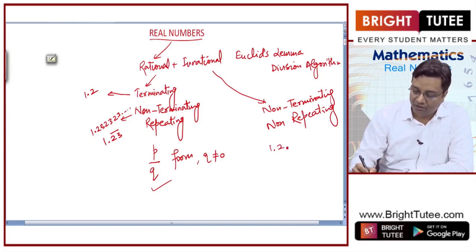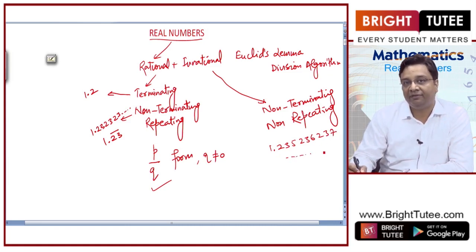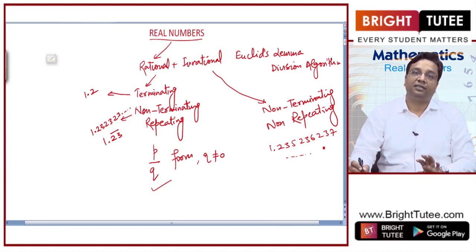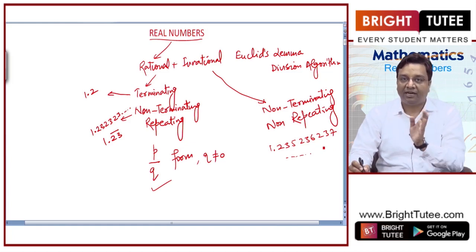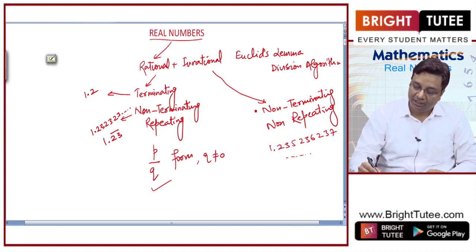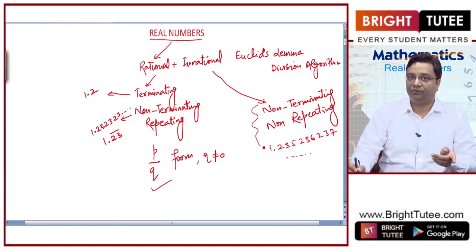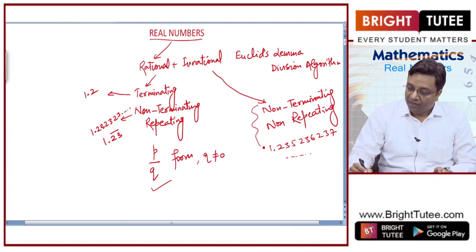So let me write such a number, 1.235, let us say 236, 237 and so on. It doesn't terminate anywhere and it doesn't repeat itself. The digits after the decimal sign will not repeat. So such numbers are irrational numbers. They cannot be written in p by q form where q is not equal to 0.